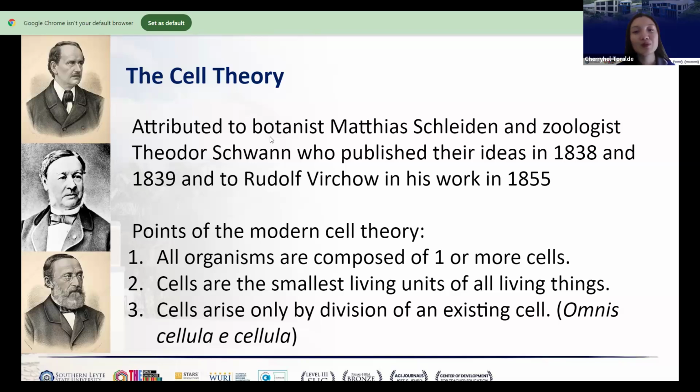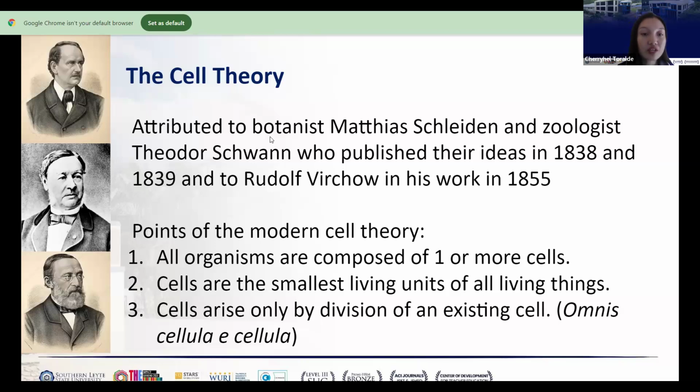Matthias Schleiden was interested in plant cells and then Theodor Schwann was interested in animal cells. And then they found out that plants and animal cells have similarities. So that's why they made general rules about the properties of the cell through the cell theory.